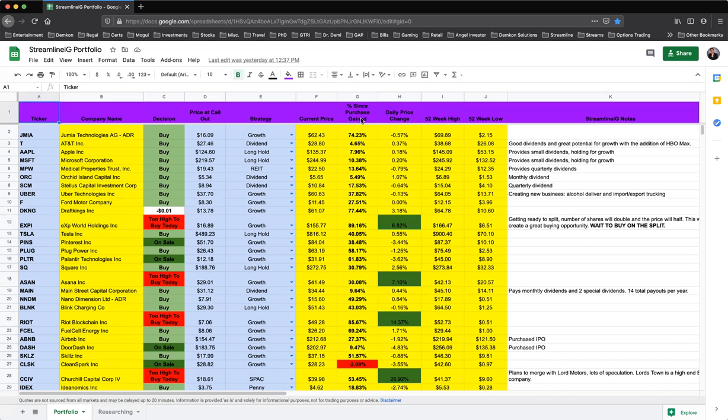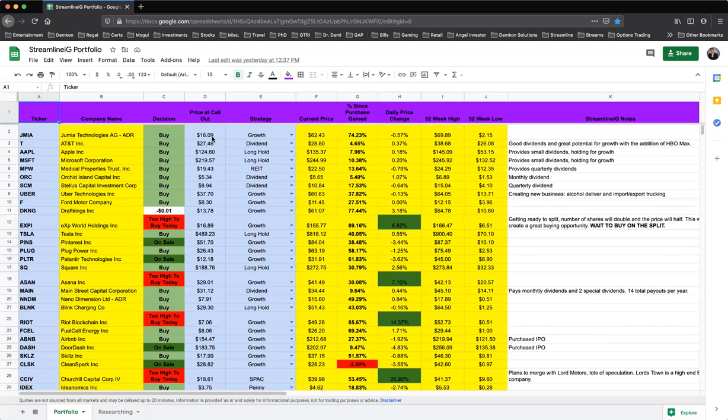The percentage since purchase gain: from the day we bought the stock at $16.09, the price has gone all the way up to $62.43. We've seen almost a 74, maybe 75% gain or profit per share.